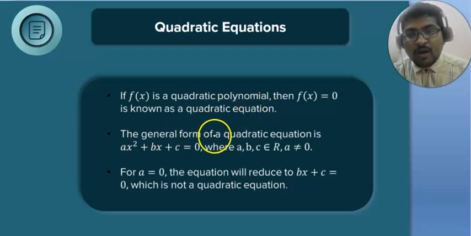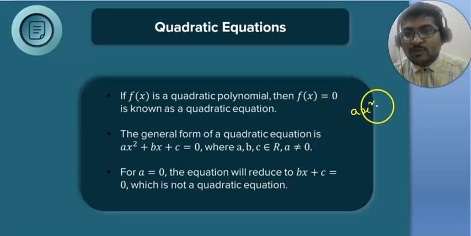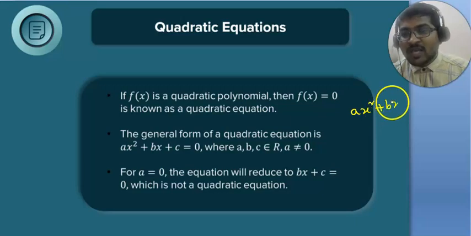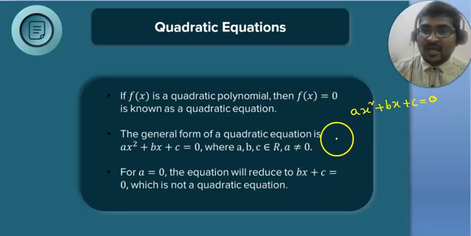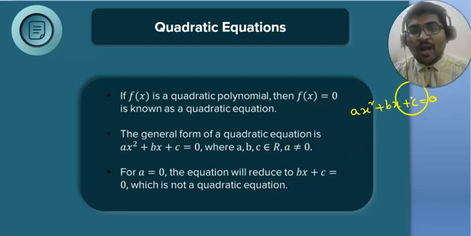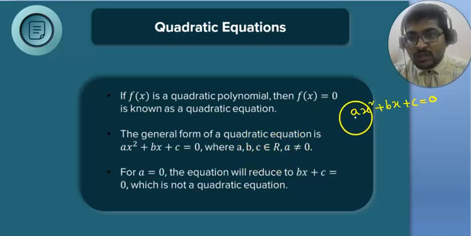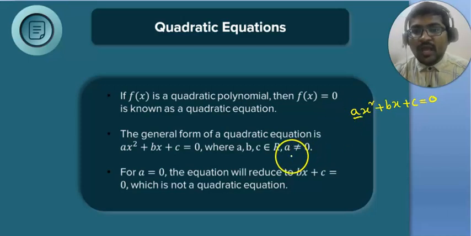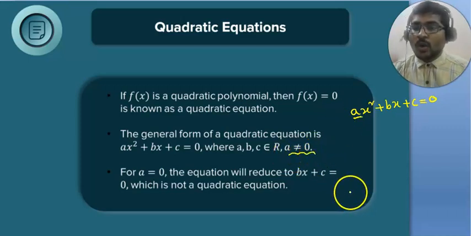The general form of a quadratic equation is ax square plus bx plus c equal to 0. In this quadratic equation, a, b, c belong to the real numbers, and the coefficient of x square, a, is compulsorily not equal to 0.